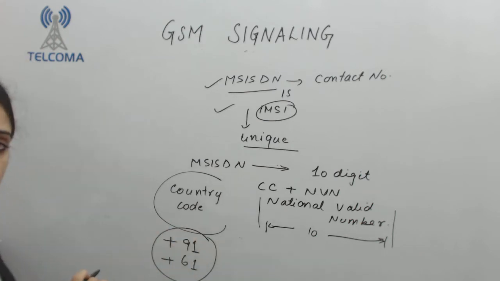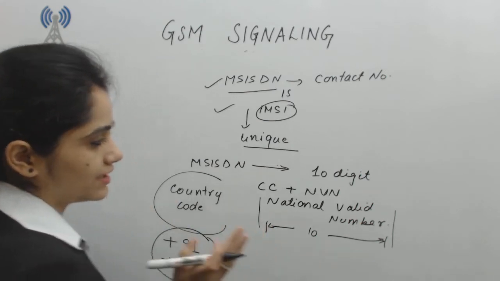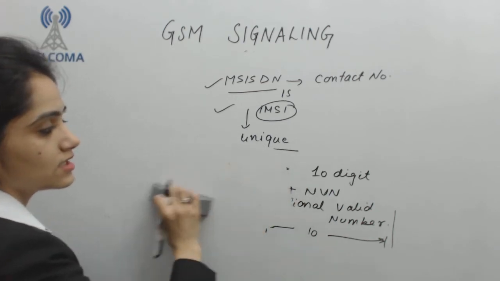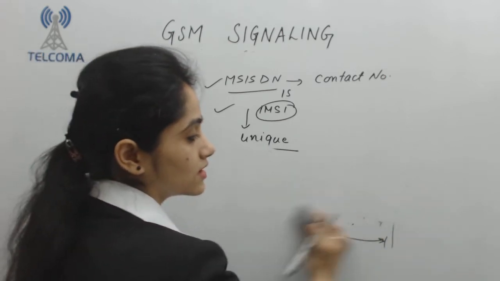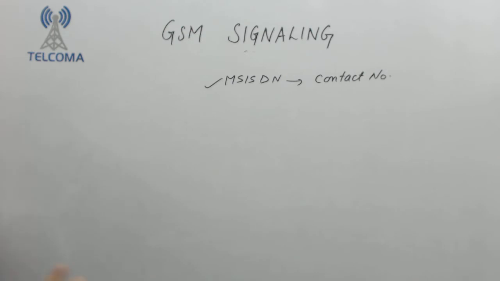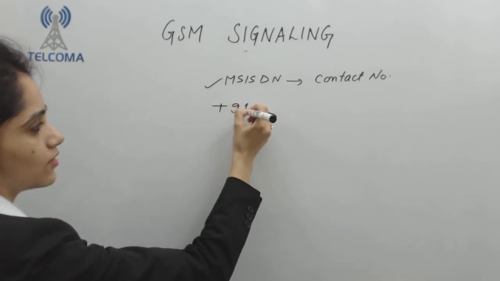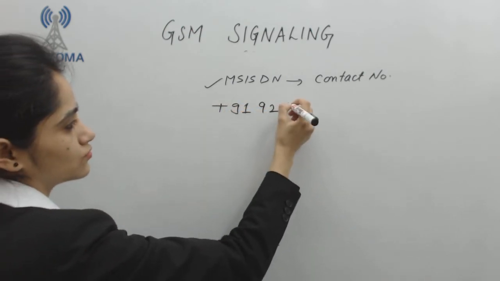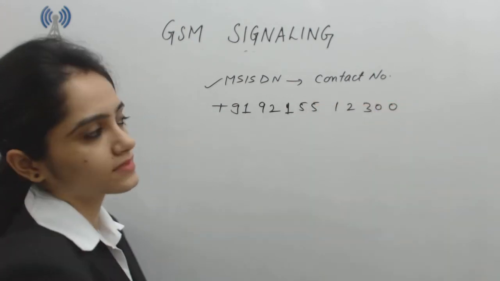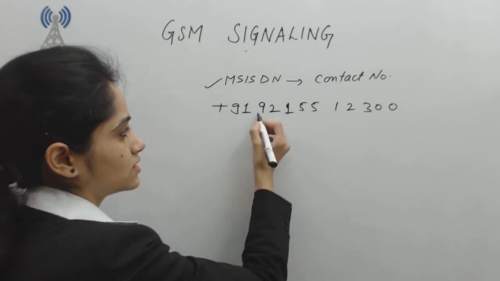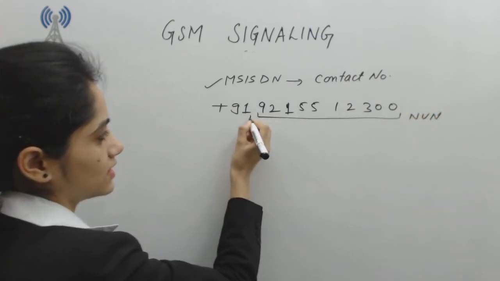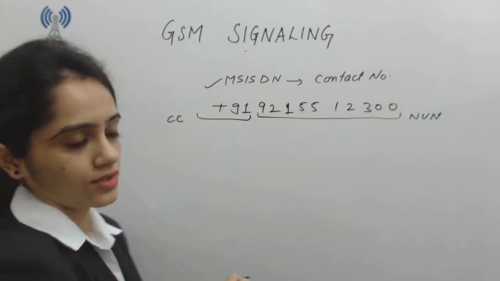These are the country codes, and we have a particular 10-digit number. The country code represents the country to which the NVN belongs. Like if I have a number +91 1292155123, these 10 digits will be my NVN and this is your country code.